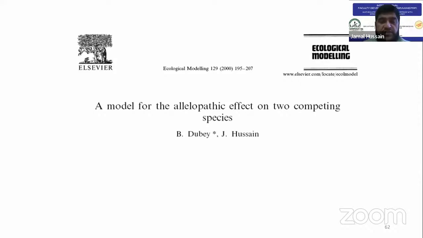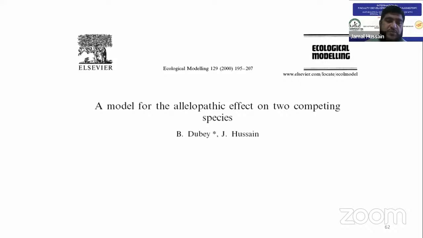This is called the allelopathic effect. In this effect, one species, to get a competitive advantage, may secrete some toxicant through the pores on the leaves, and it will diffuse to the surrounding area through abiotic factors like wind, rain, and so on.